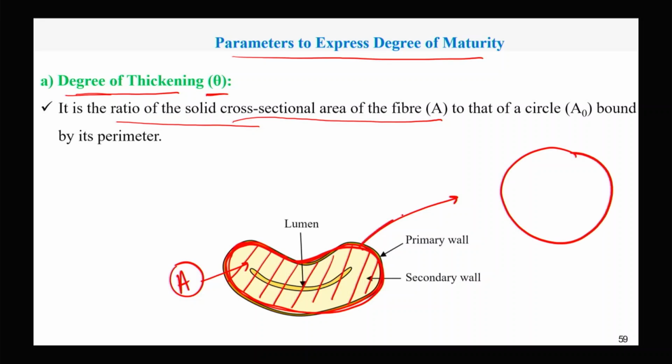The area of this circle is A0, and the ratio is A by A0. So with the same perimeter, the area of the circle we form is A0.